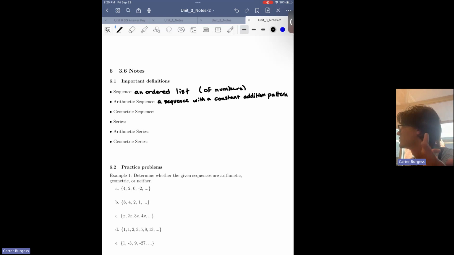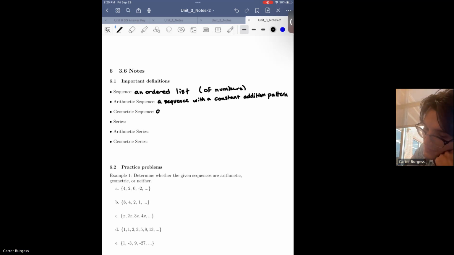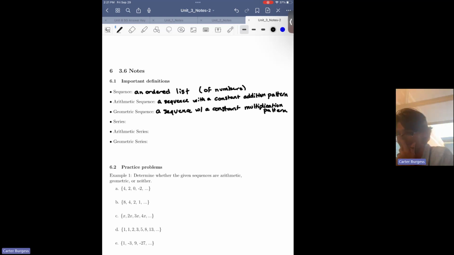Likewise, with our geometric sequences, if an arithmetic sequence is a sequence with a constant addition pattern, what would a geometric sequence be? Yeah, a constant multiplication pattern. All right.